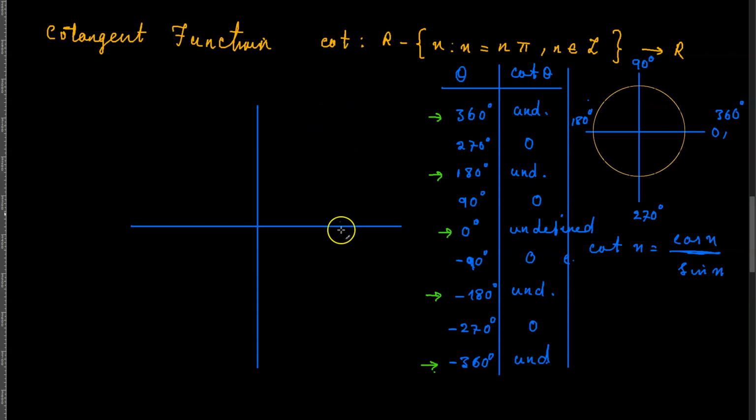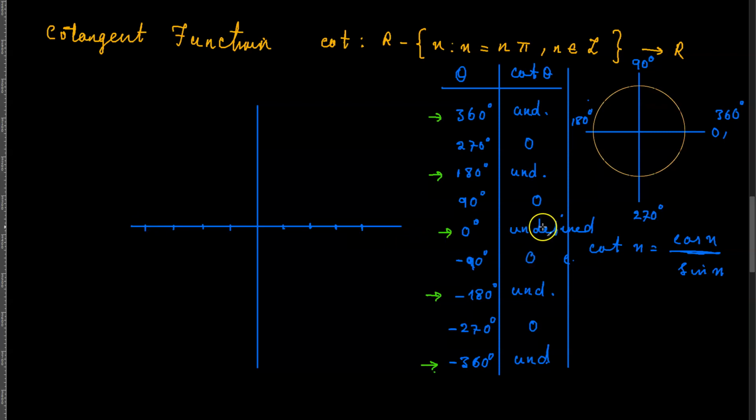vertical asymptotes, which means that, let's say that this is 0, there you have 0 and 90 degrees, and 180 degrees, and 270, and 360, 1, 2, 3, 4 here.